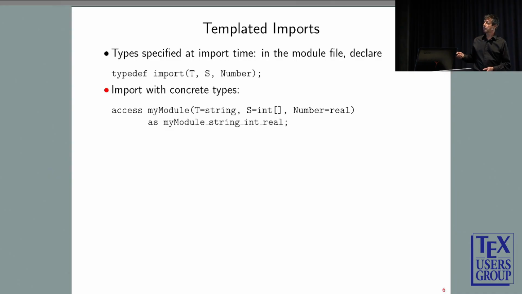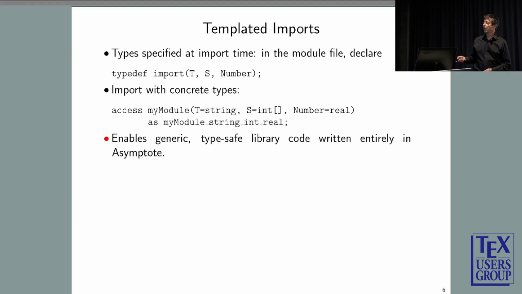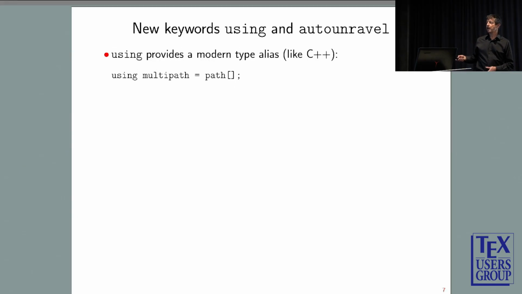And Charles recommends you can call this module anything you want. You have to say as something. But he recommends, as good practice, that you name the module with some indication of what these different types are, because you may have more than one access of a module with different types. So this enables generic type-safe library code written entirely in Asymptote.